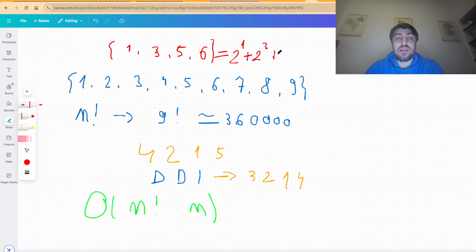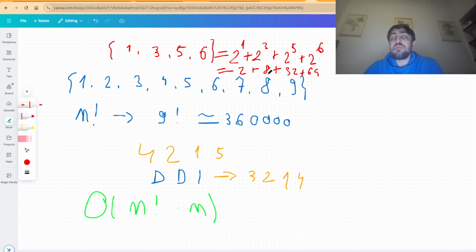Again, a very important pattern which can be used in many other problems. Here this sum would be what? 2 plus 8 plus 32 plus 64, which is going to be equal to 96 plus 10, 106.